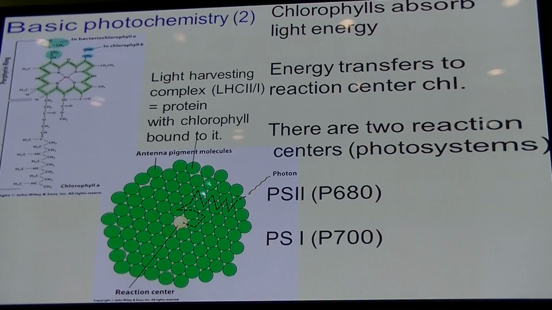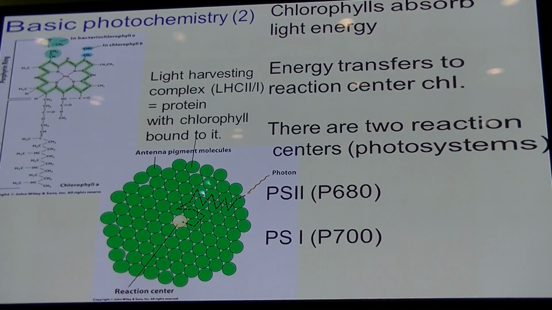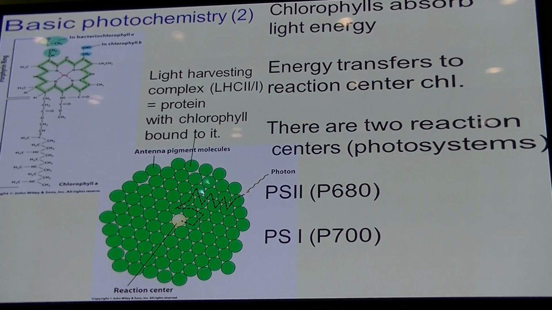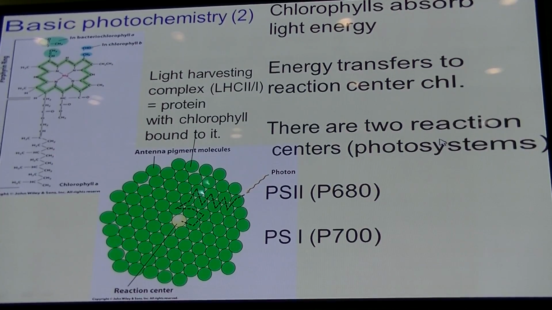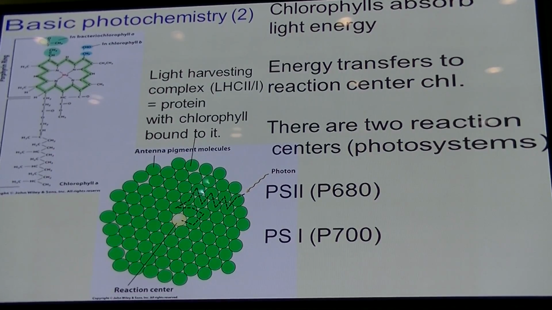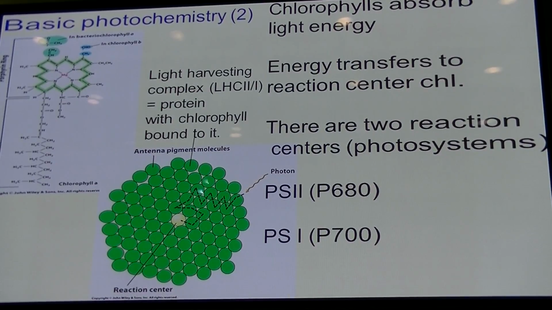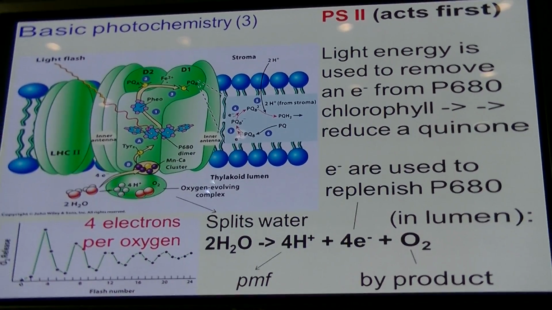If we go beyond the red, then the energy in a photon is too low to do anything. So the reason that we see light and that plants do photosynthesis using visible light is related, I think. So what happens in the photosystem?